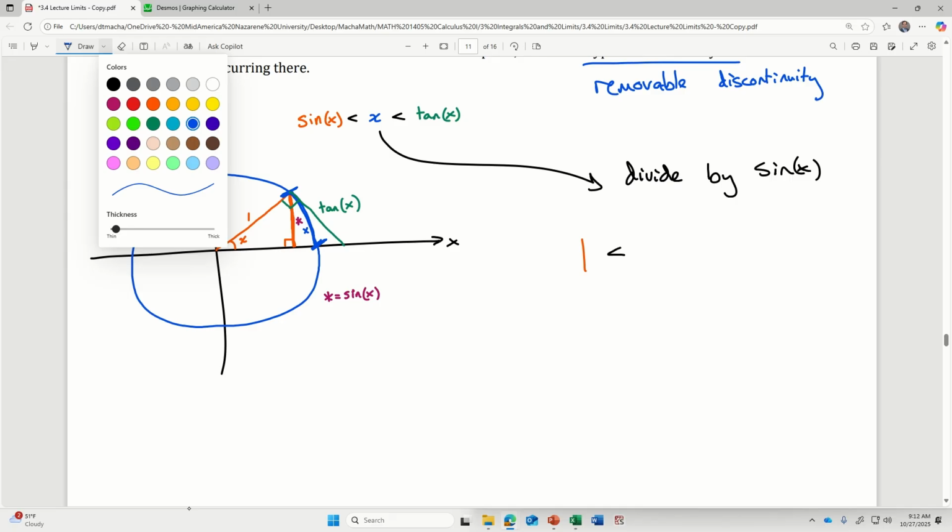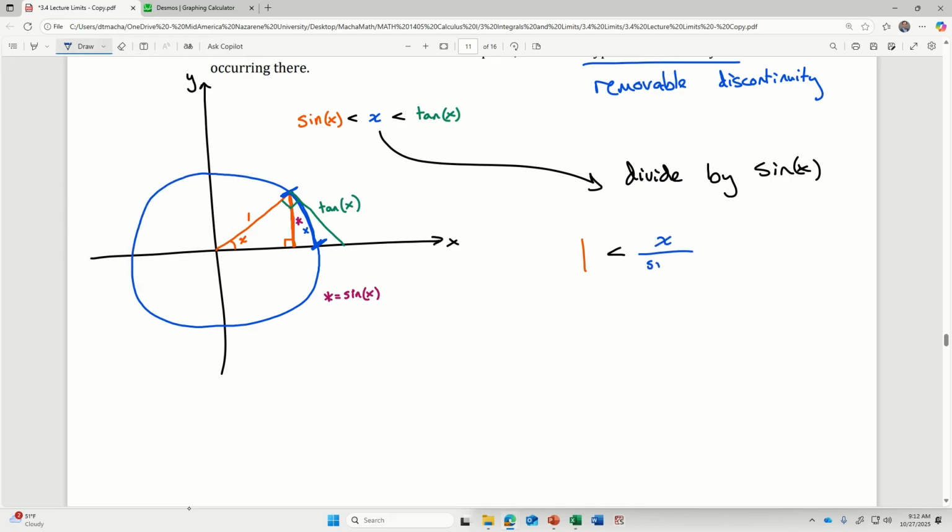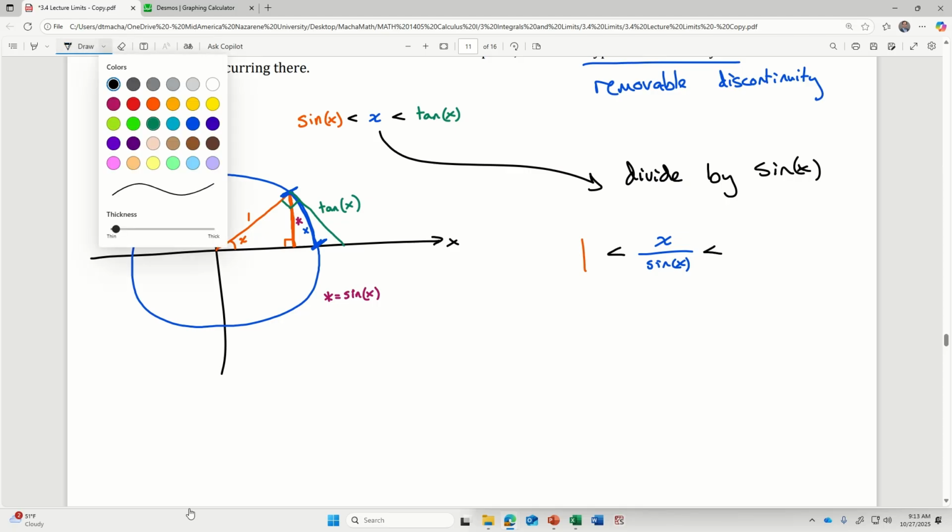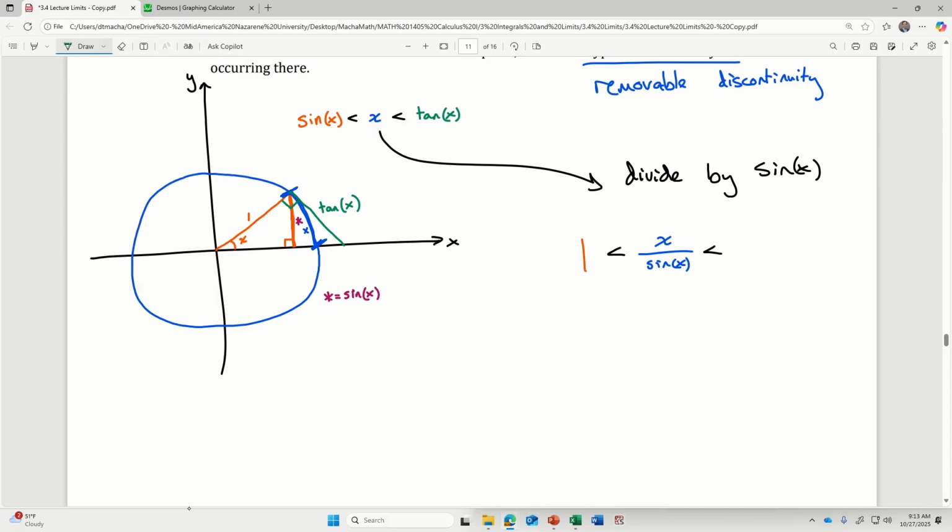X divided by sine will be x divided by sine. And what is tangent? Well, tangent is just sine divided by cosine. So what's sine divided by cosine divided by sine? 1 over cosine.